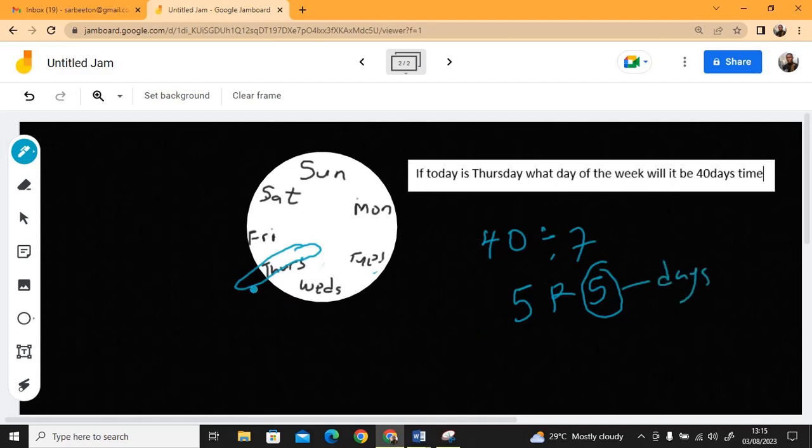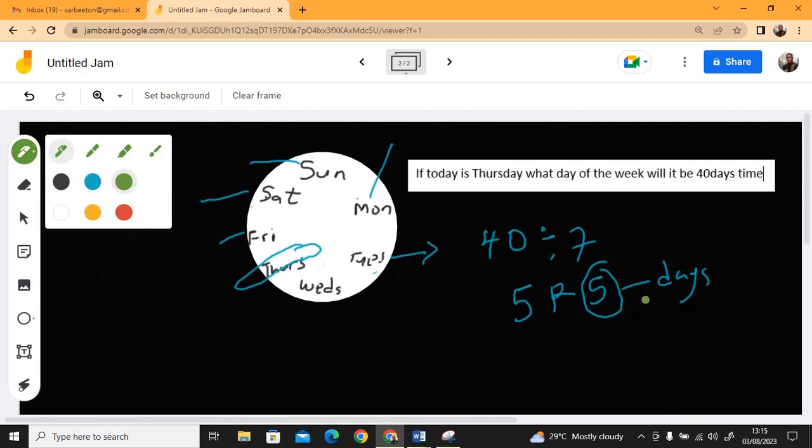Now you count 5 from Thursday. Start after Thursday and count 5: 1, 2, 3, 4, 5. So where will it stop? For 40 days time we have Tuesday.